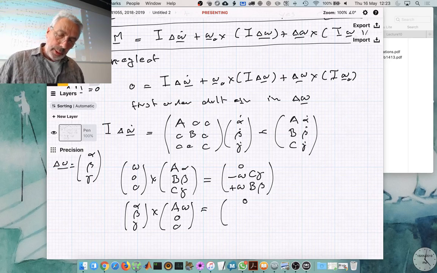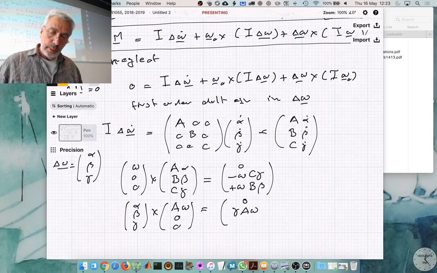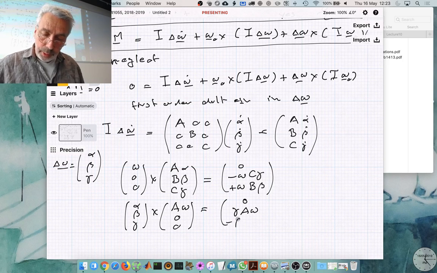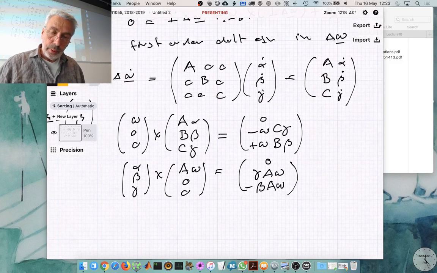The second is gamma A omega, and the last one is minus beta A omega, right? So now I have my ingredients. I have this term, this guy, I have this guy as this, and this and this. So we just add it all up.